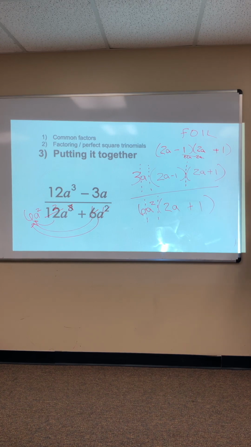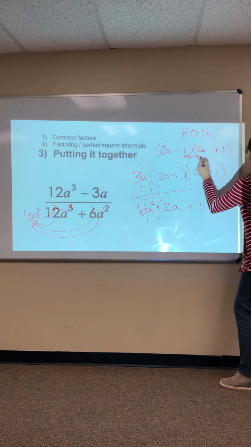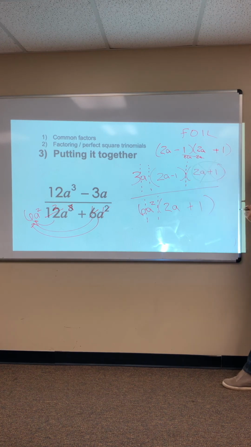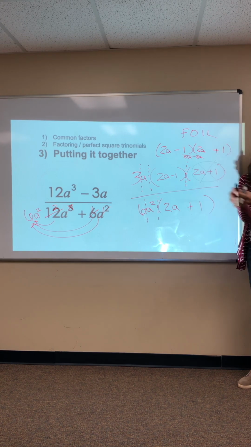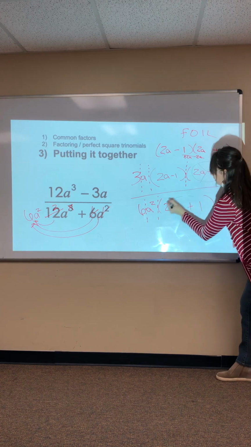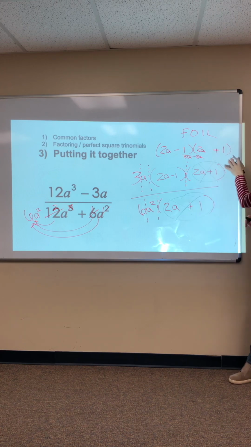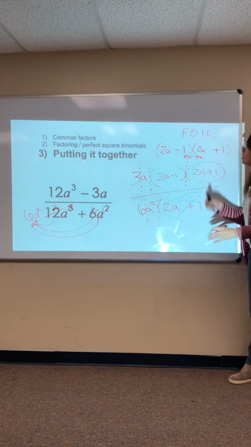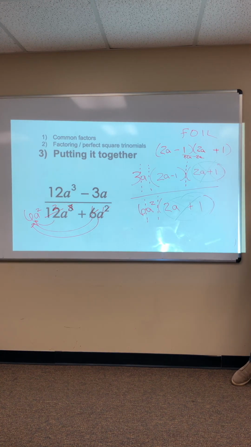The 2A plus 1, the whole thing, can cancel with what? Remember, we are looking for something that's exactly the same on the top as it is on the bottom. We're trying to create ones so that we can not write them down anymore. It cancels the 2A plus 1 on the bottom. Perfect. So I have an entire 2A plus 1 on the top. It cancels the entire 2A plus 1 on the bottom. Is there anything else that can simplify from the top and the bottom?